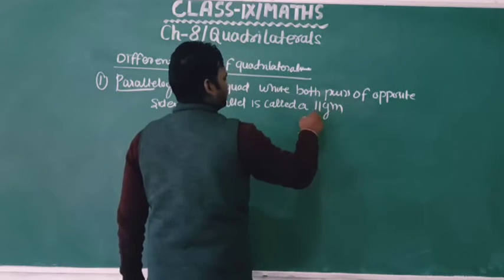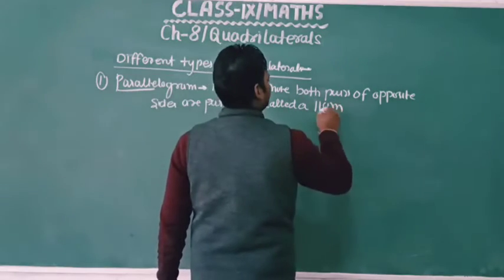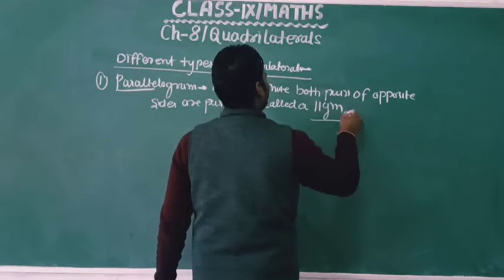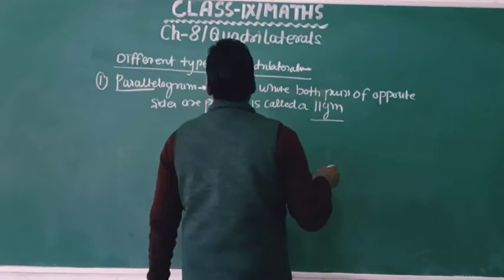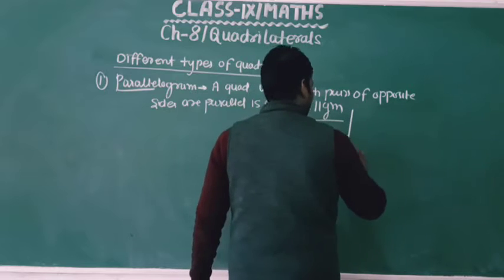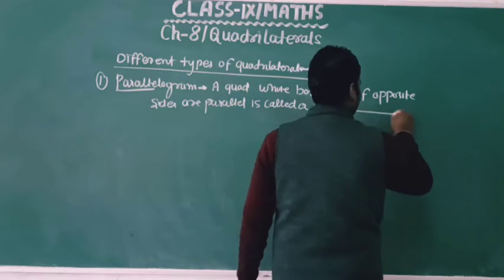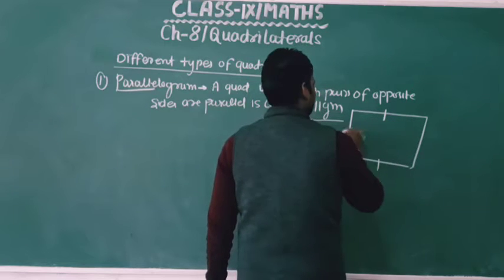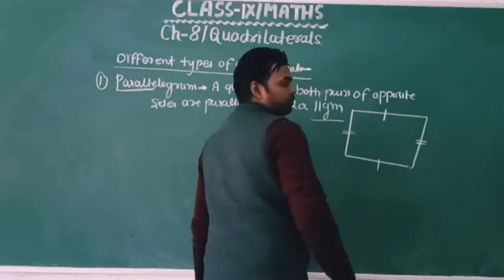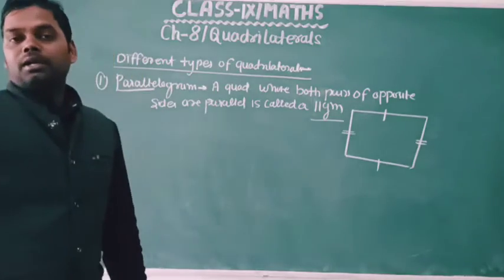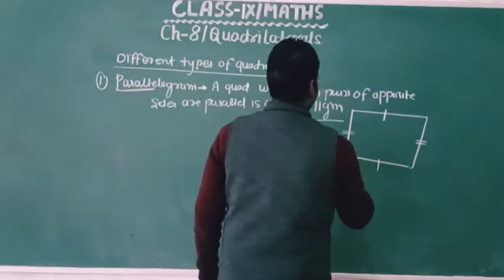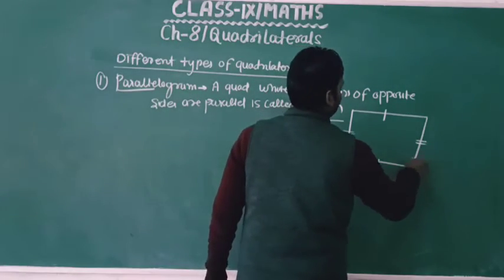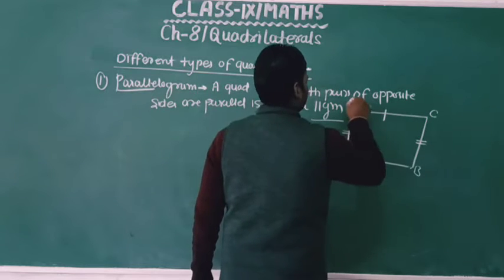This is the short form, parallelogram. The picture of a parallelogram we can show here. In a parallelogram, opposite sides are parallel. So this is the diagram of a parallelogram ABCD.